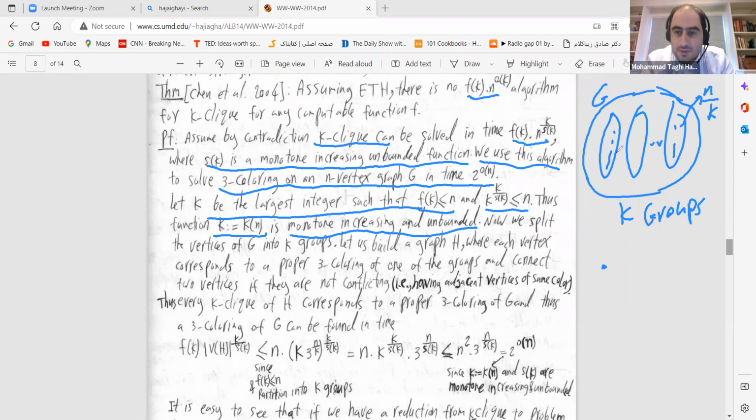For each group, we put one vertex for each proper 3-coloring of that group. There are lots of ways that we can do it: the first group, the second group, and all the groups. Each of them is a proper 3-coloring.